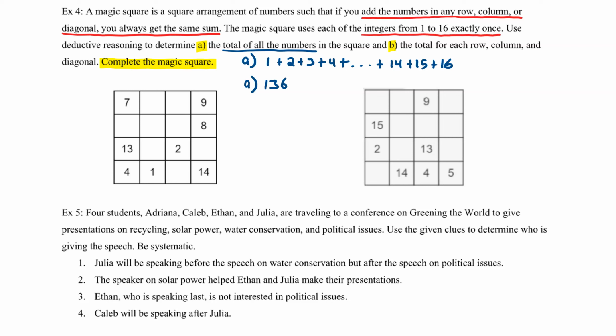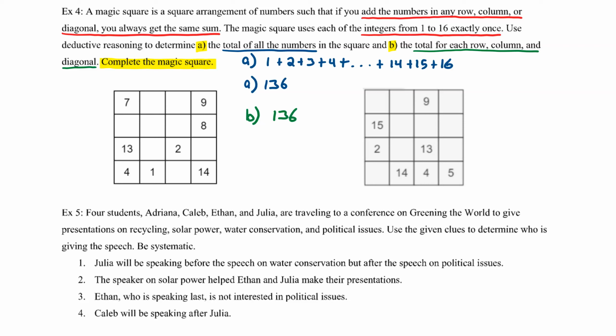Now for part B, we need to figure out the total for each row, column, and diagonal. So this one might require us to take a little bit longer thinking it through. But what's super important to recognize here is if you're looking at the total for a row, the total for a column, and the total for a diagonal, if they all have to be the exact same value, then what that allows us to do is take our grand total, that 136, and it's going to have to be distributed evenly.